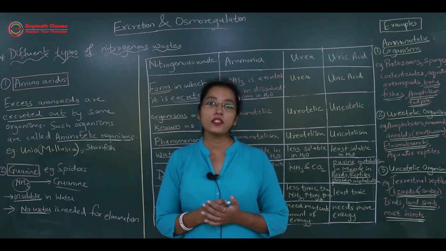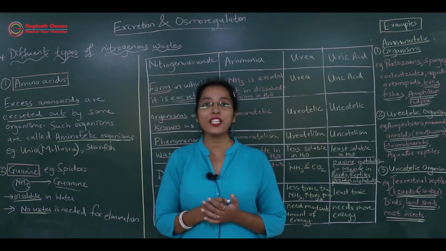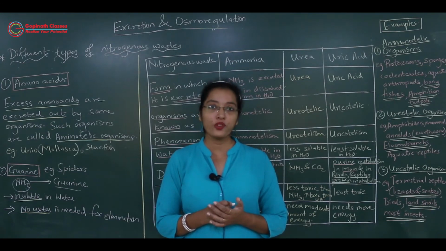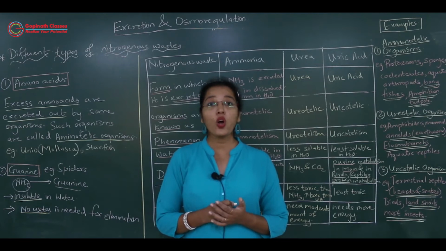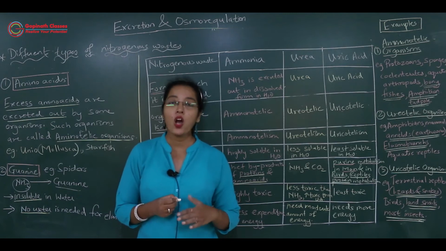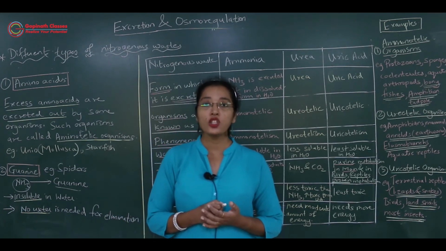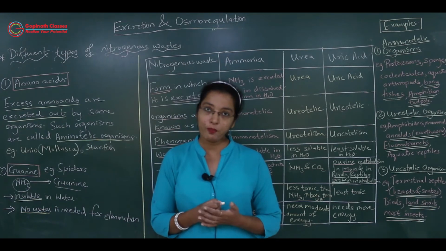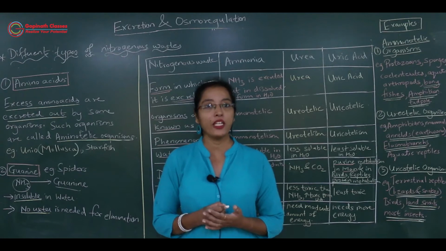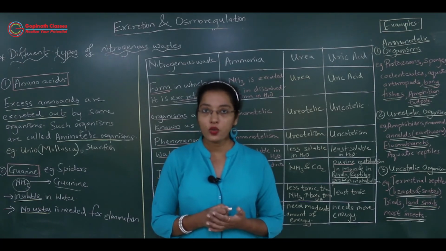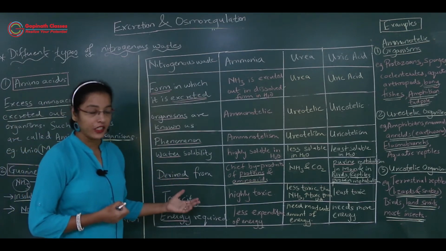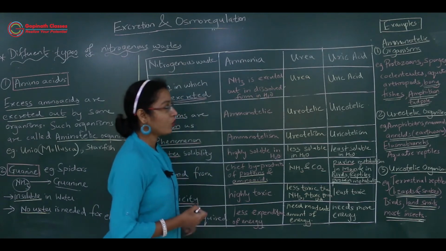Now we will study the very important and major nitrogenous wastes excreted by most organisms. Which organisms excrete either ammonia, urea or uric acid? The most important topic as far as modes of excretion is concerned is excretion of ammonia, urea and uric acid. So let's talk in detail about all three.